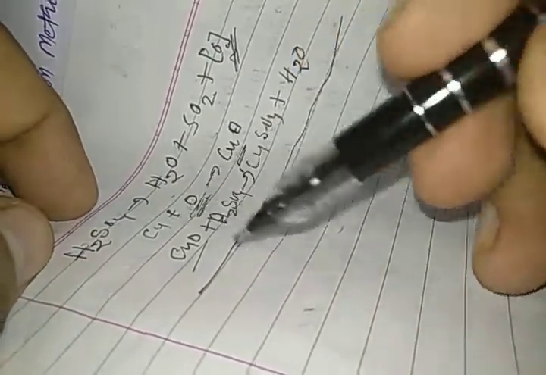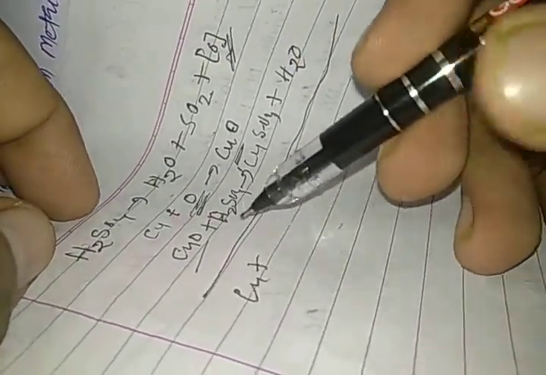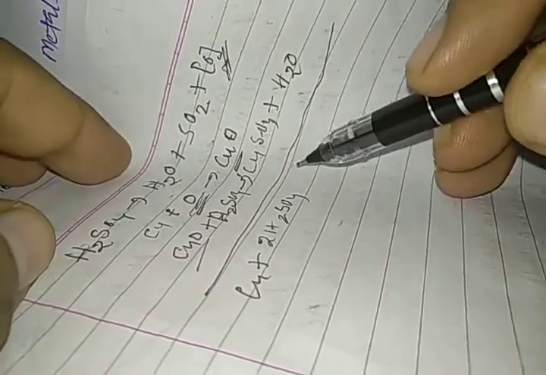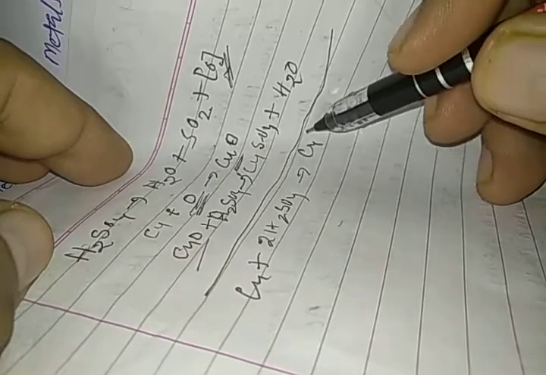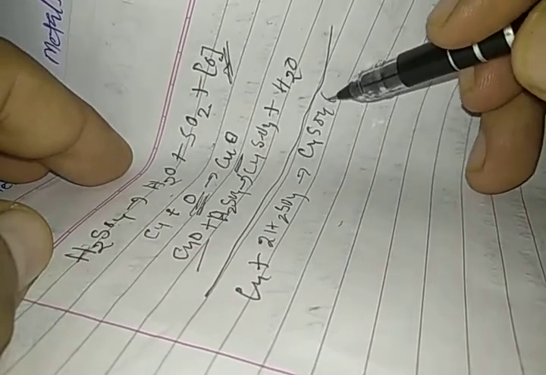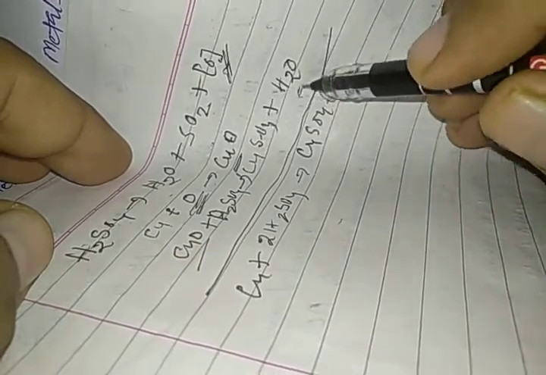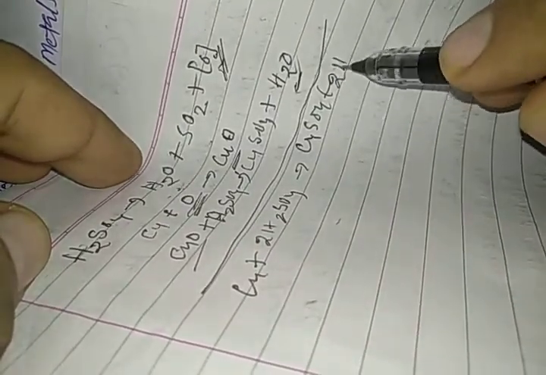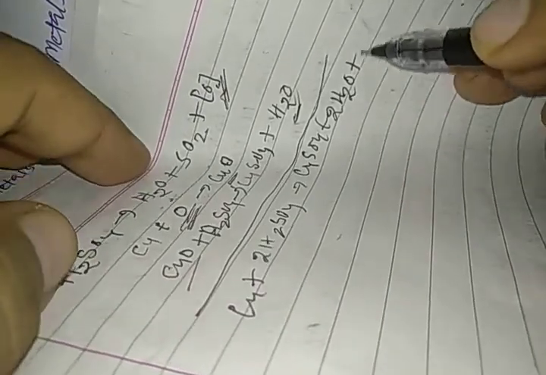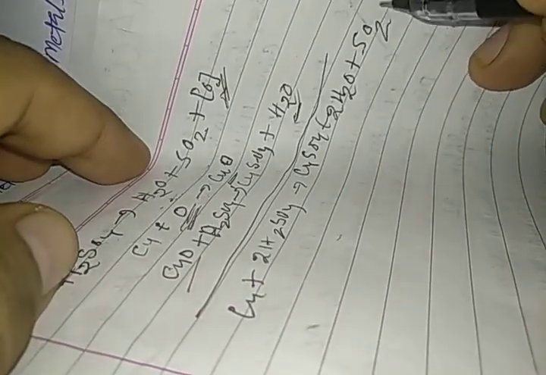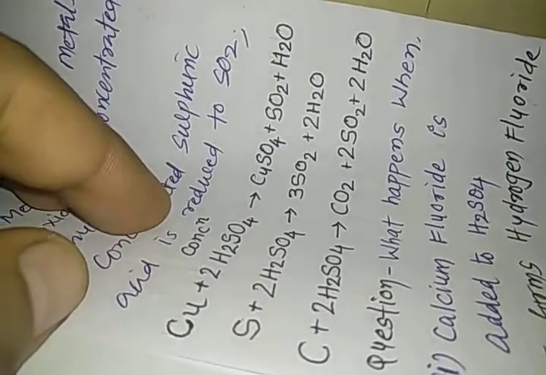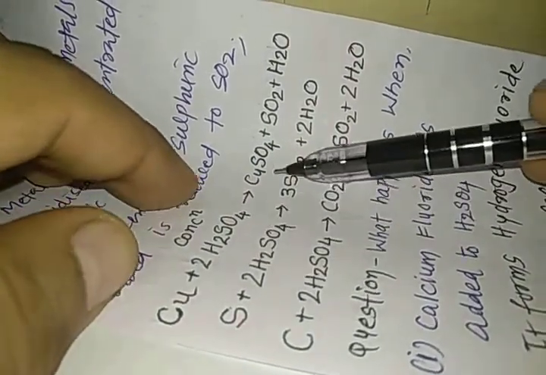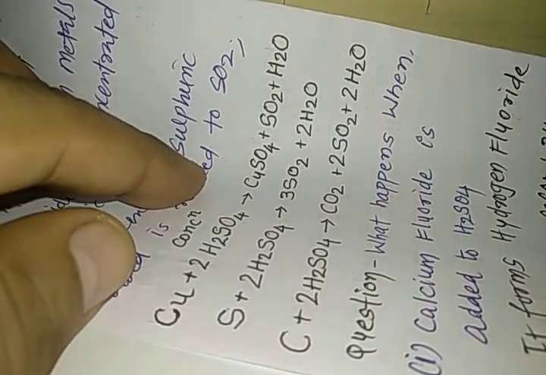So you have Cu plus 2H2SO4 that gives you CuSO4, then one water molecule and another water molecule, that is 2H2O, and you again have SO2 left with you. So this is how you get the final reaction: Cu reacts with 2H2SO4 to give CuSO4, SO2 and 2H2O.